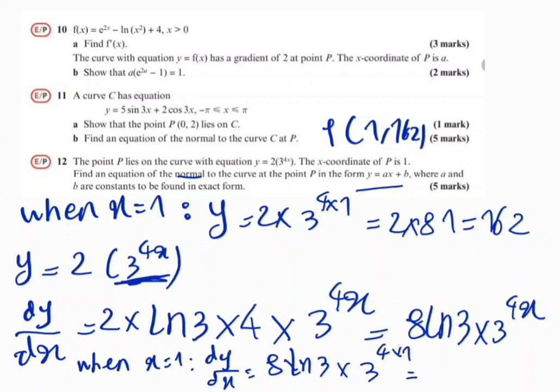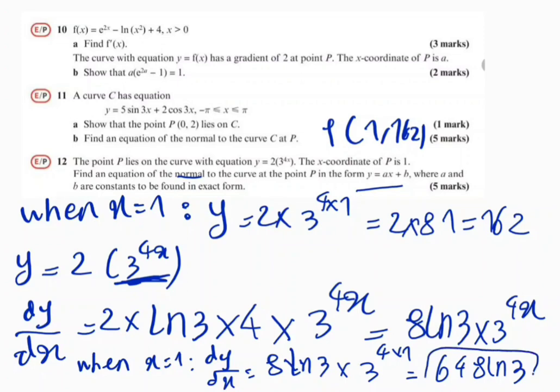Simplifying this, we get 81, and 81 times 8, because 8 is a multiple here, gives us 648 ln 3. So this huge number is our gradient for this function.